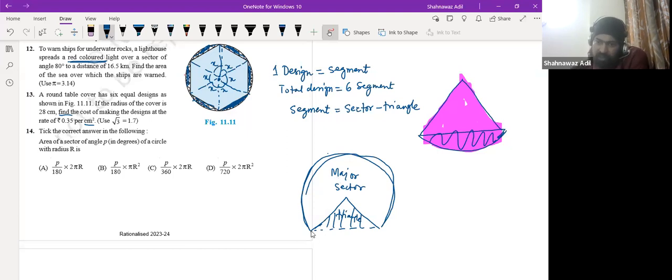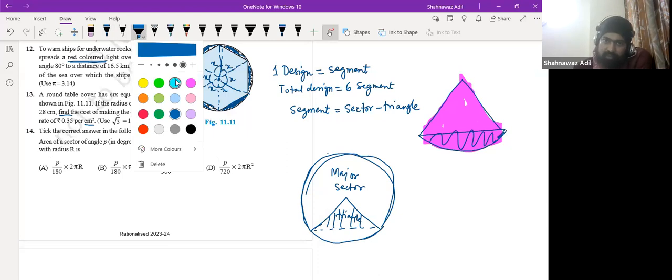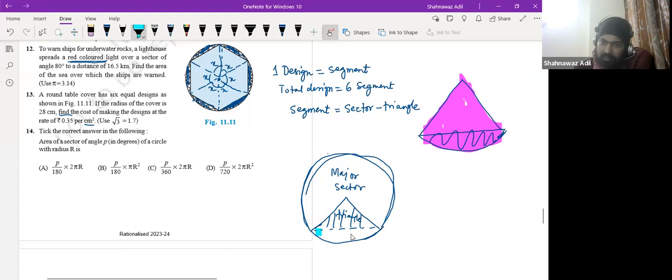Yeah, let me draw this part. This part is what? That is segment. Minus segment. So the remaining one is what? The major segment.